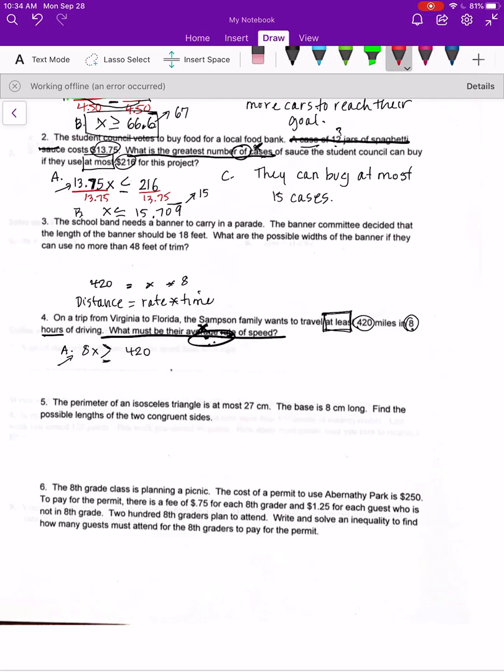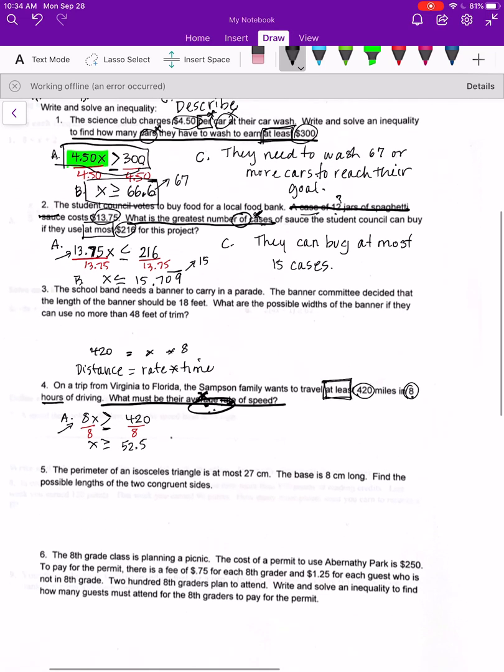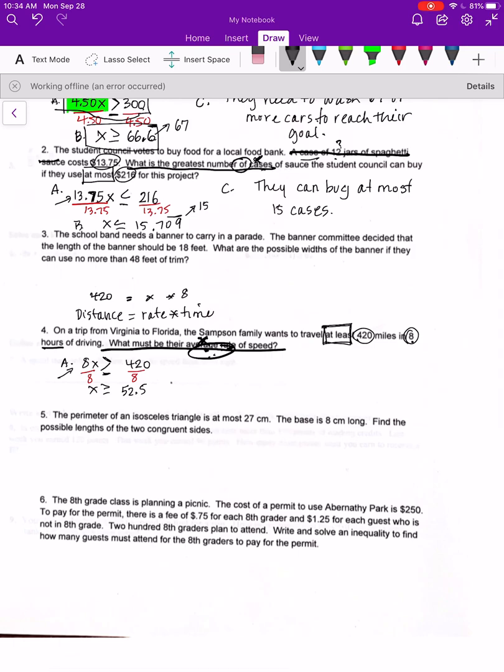All right, so now I'm going to divide by 8 to solve. So that gives me x is greater than or equal to 420 divided by 8, which would be 52.5 if you use your calculator. Whoops, sorry about that. And do I have to interpret? This is like an average speed. Could you drive an average speed of 52.5 miles per hour? You could. So we don't have to do any interpretation here.